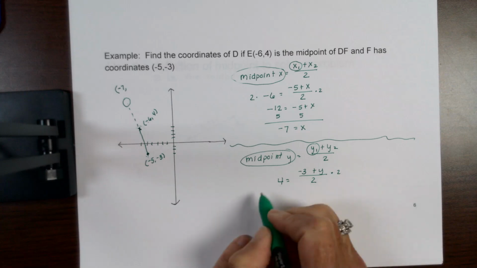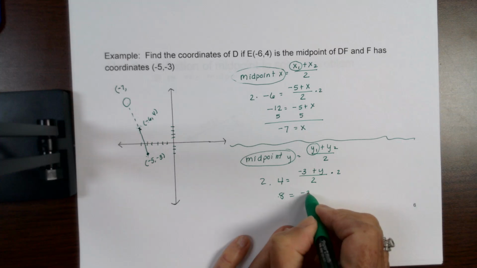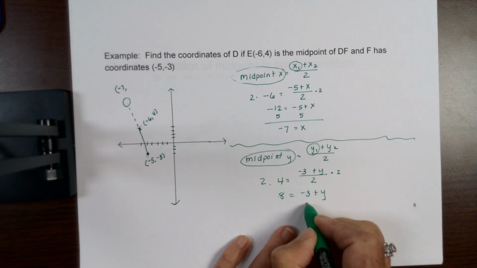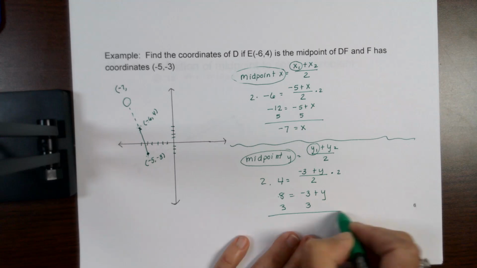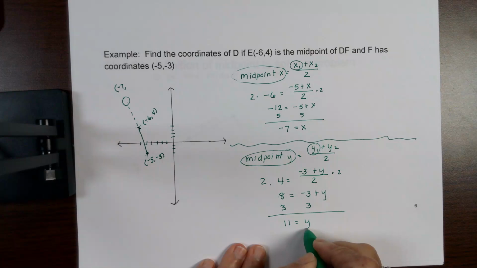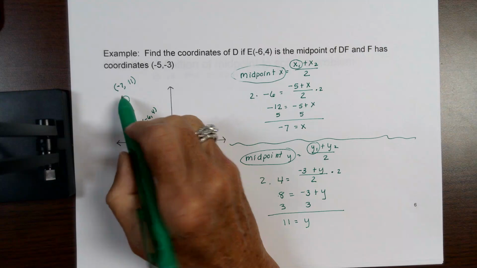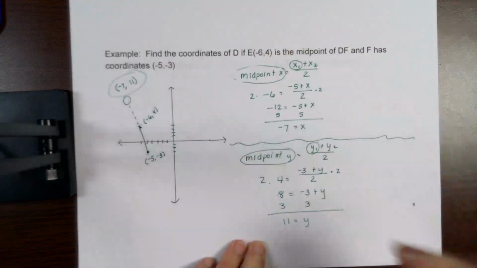So I multiply both sides by 2, and I have 8 is equal to negative 3 plus y. I'm going to add 3 to both sides, so that gives me a positive 11 equals y. So I know the y value of the other endpoint is 11. Okay.